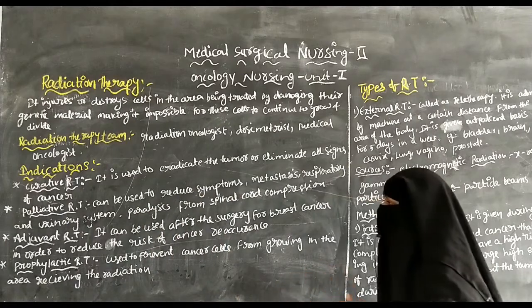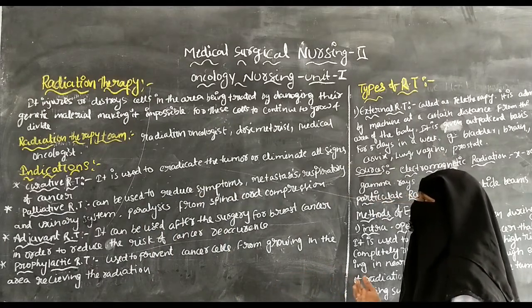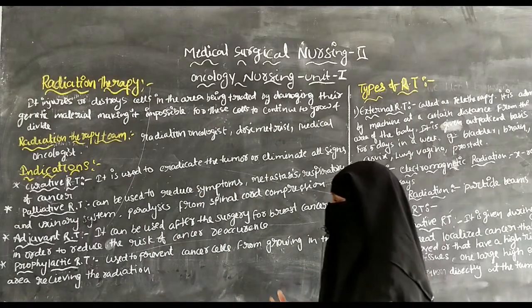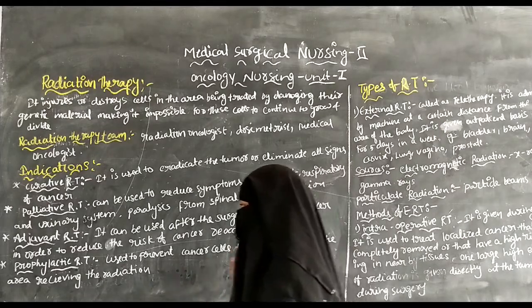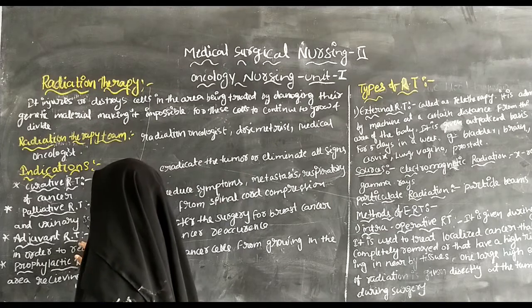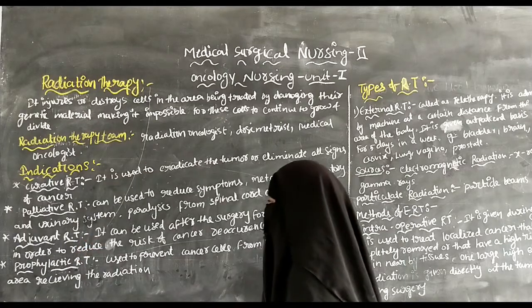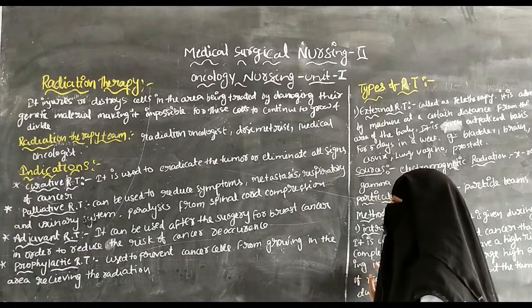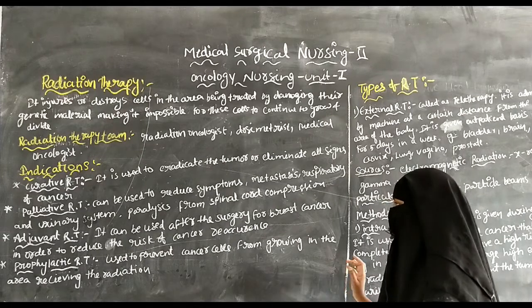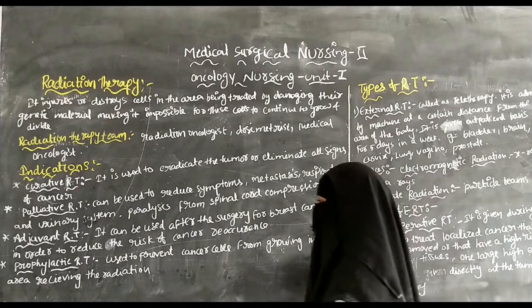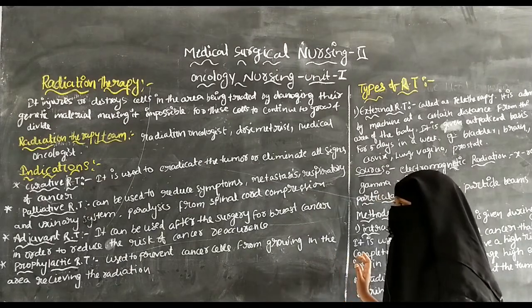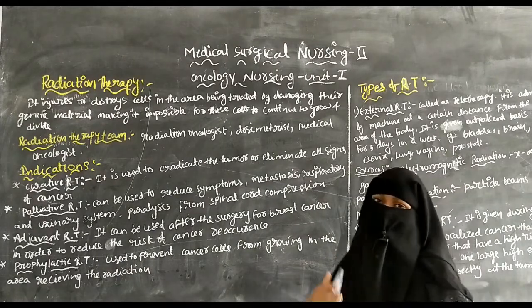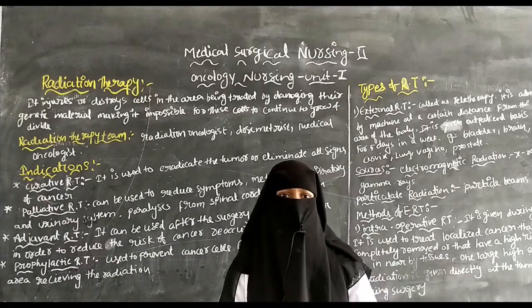Because of palliative radiation therapy, we can reduce the symptoms of the cancer. The next one is adjuvant radiation therapy. Adjuvant radiation therapy can be used after surgery, for example for breast cancer, in order to reduce the risk of cancer recurrence.